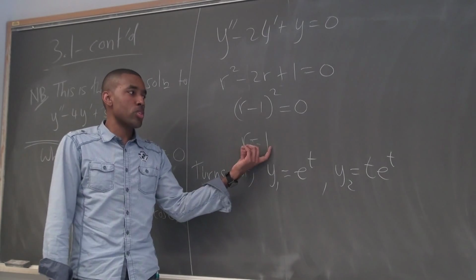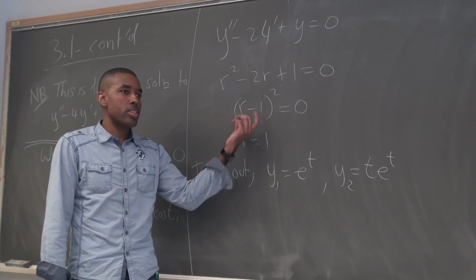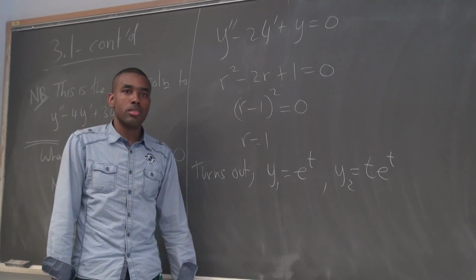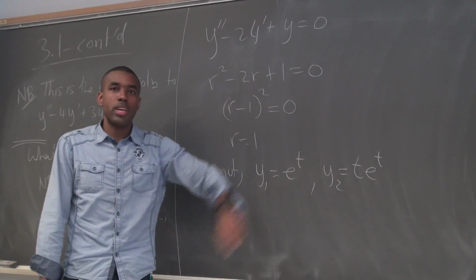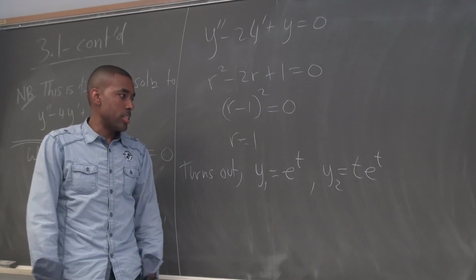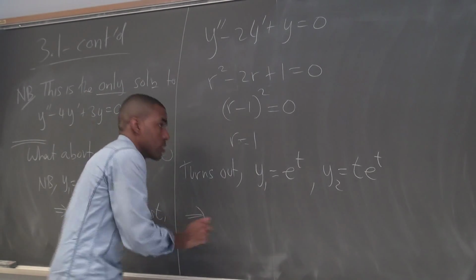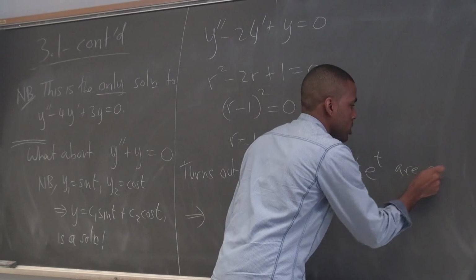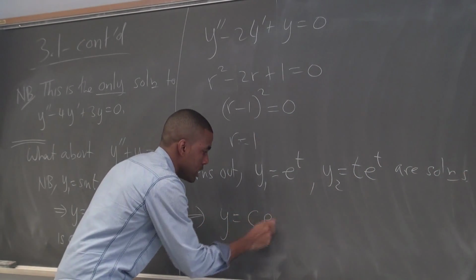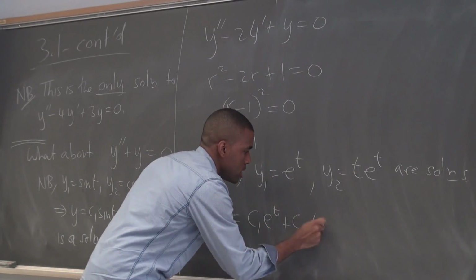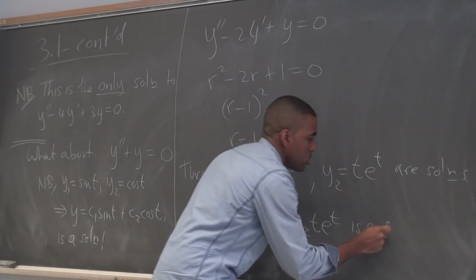If you don't have enough solutions, and some of them repeat, you can just multiply by t's to get the other solution. It turns out that you can't write this as a constant multiple of that, so it's linearly independent. And so our solution: y equals c1 e to the t plus c2 t e to the t is a solution.